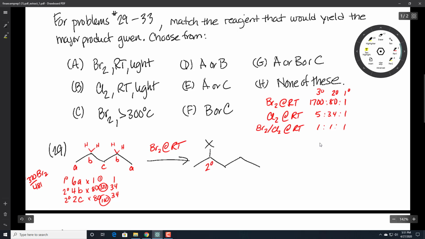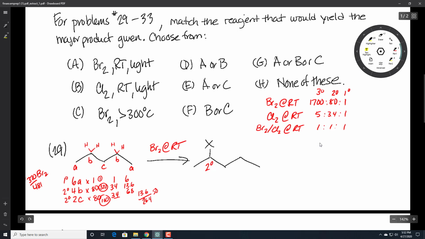And if I do chlorination, it's going to be a 6, a 13.6, and then a 2 times 3.4, which is 6.8. In this case, I would get 13.6 out of 26.4.